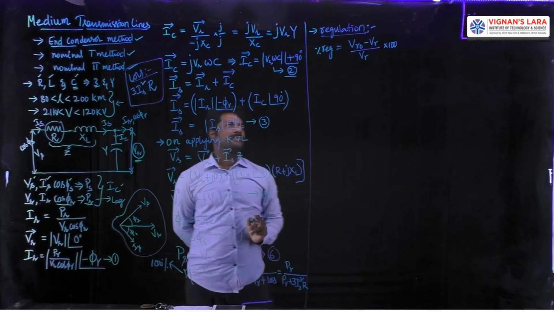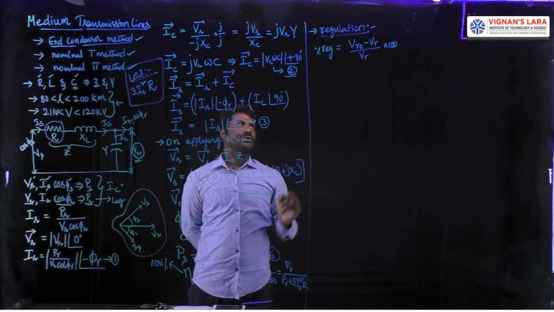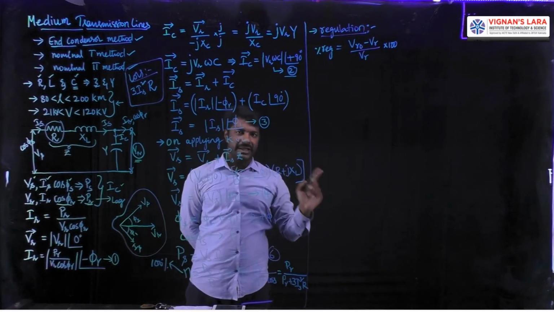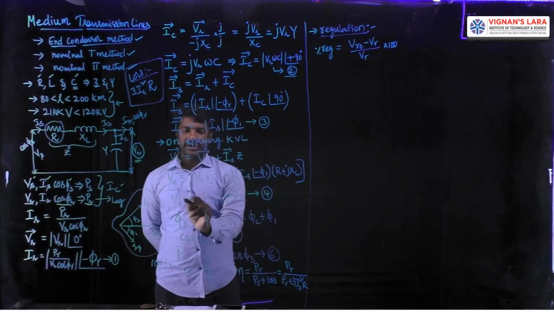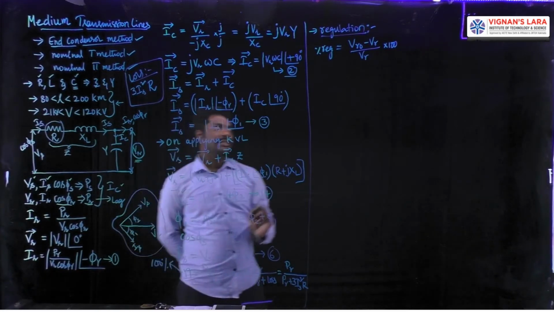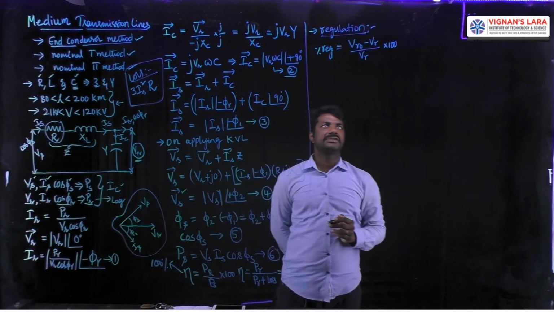This VR is taken as the reference known value, and the objective is to find the no load receiving end voltage VR naught with a voltage injected as Vs. So how to find this VR naught is our next procedural step.